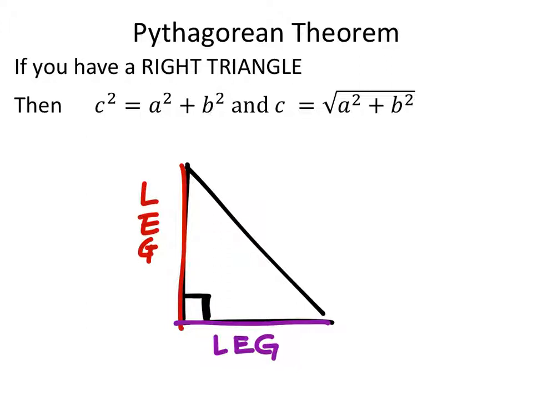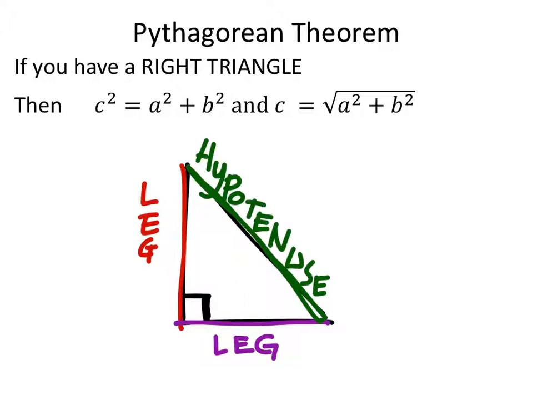So when we talk about parts of a right triangle specifically, a leg makes up that right angle, and it takes two sides to make up an angle, so we need two legs. Finally, we have this third side. That is the longest side always of a triangle, and that is called the hypotenuse.